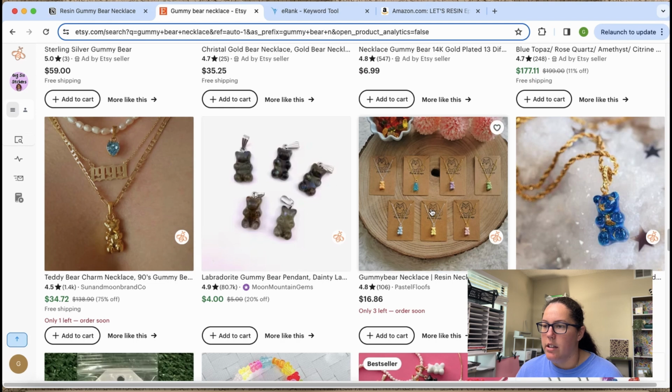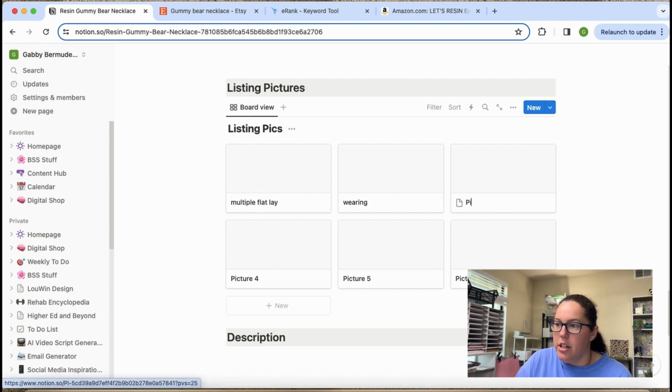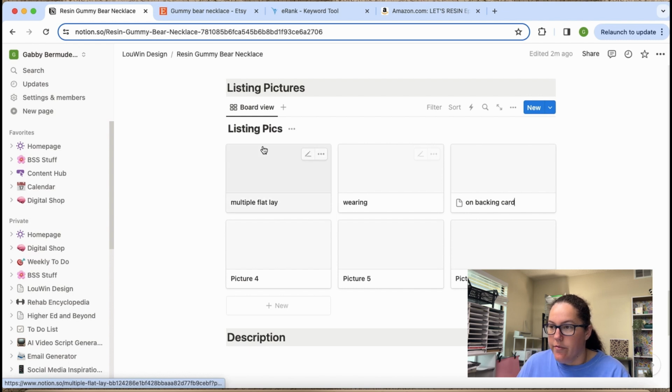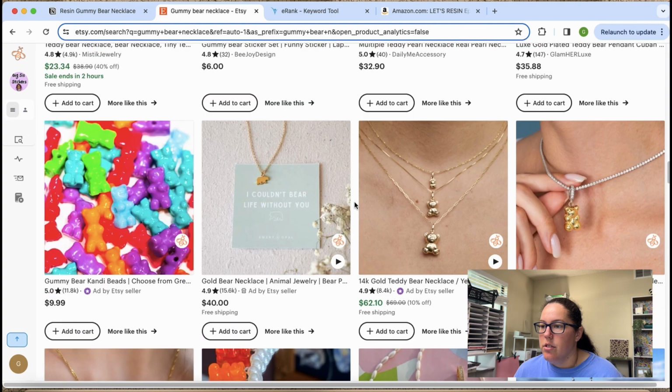And then on the cards, I've seen a couple of those. And I can also rearrange these later, but I'm just getting ideas. So on a backing card. And then let's click into one.